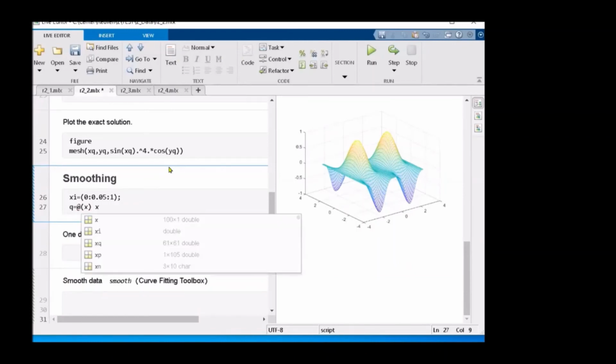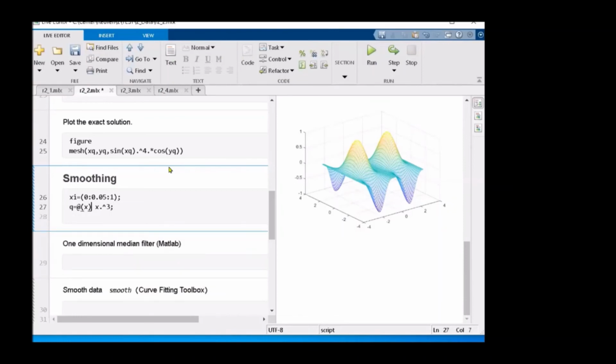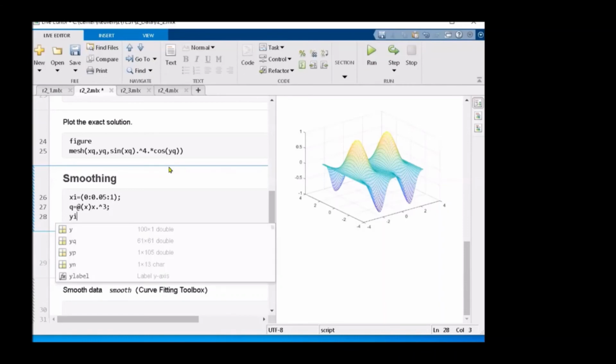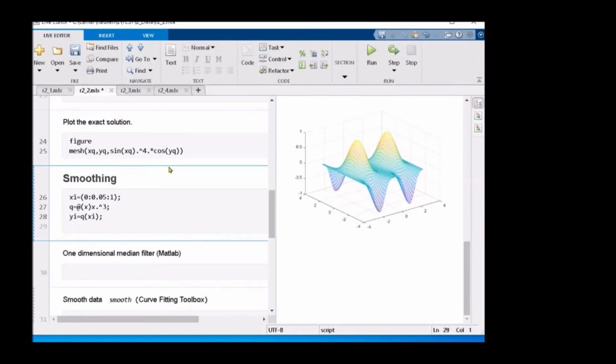It could be our x, and the function itself is just x dot, the cube of the initial function, and that's all. Now we have here the argument and function. Let's calculate this, where our results are x, y that we have, and our function.